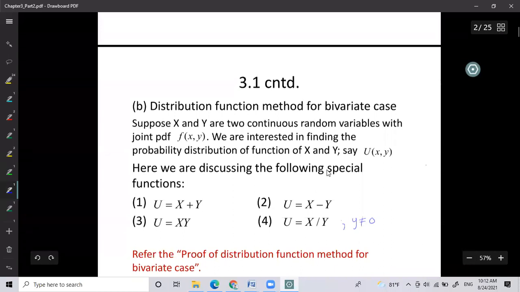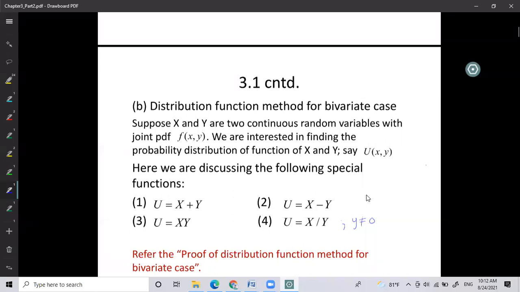So let's look one by one at how to derive the density functions of the sum, the difference, the product, or the quotient. I have already shared a document with you, the proof of the distribution function method. It contains some examples also. It is a little bit abstract type of proof, so I will explain this proof step by step today.